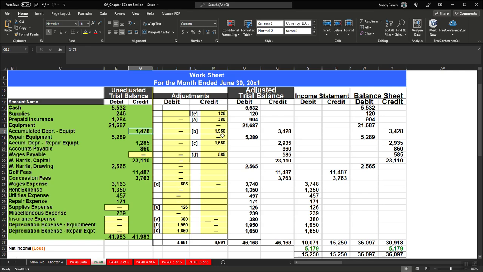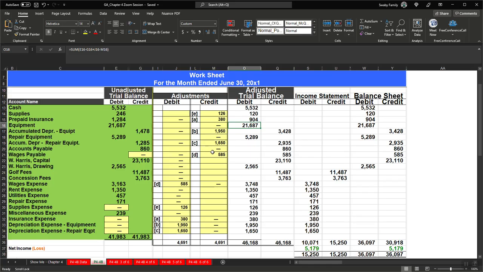And so we're adding another 1,950, and you can see that now the accumulated amount is 3,428. So if I compare this number with the original cost, the difference between these two will be my book value, or the value on the books. It doesn't mean I can sell it for that amount, but at least it gives me an idea of what the remaining value is to the business.